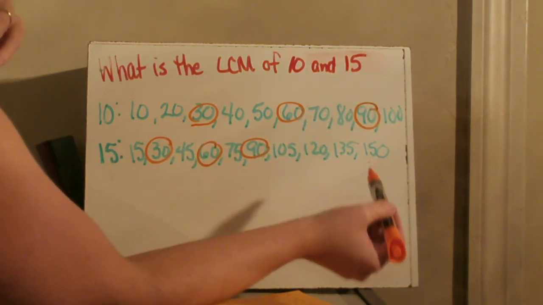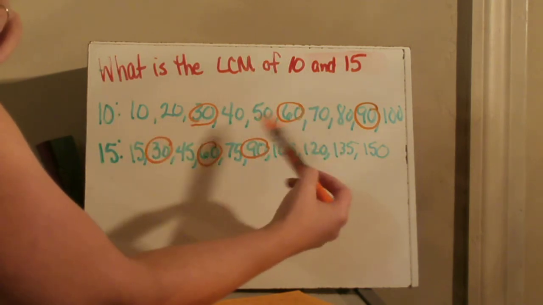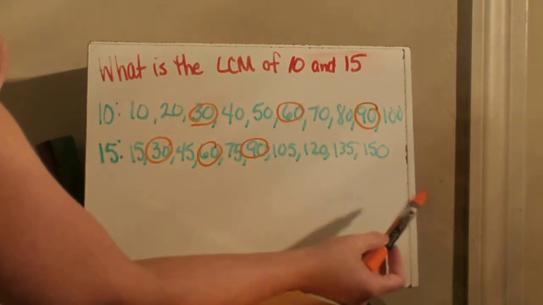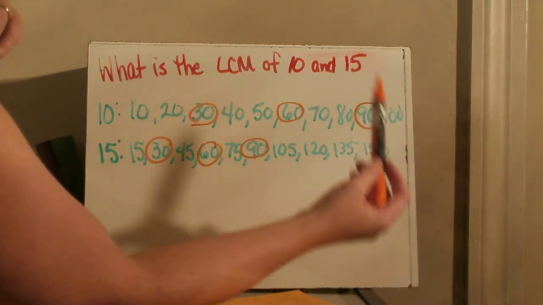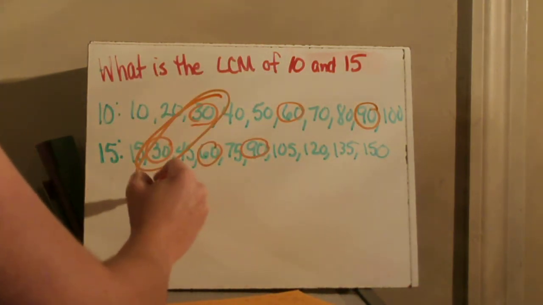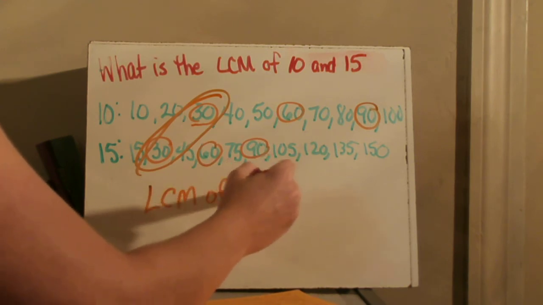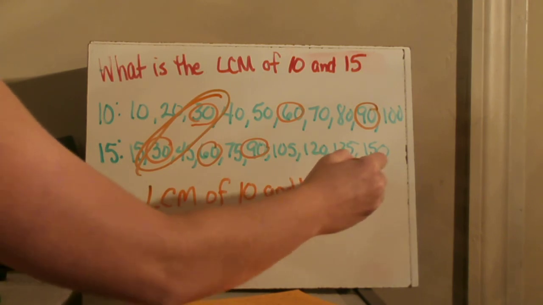Of the first 10 multiples, what they have in common is 30, 60, and 90. Remember, we're looking for the least common multiple. Of these common multiples, I want the smallest one, and that is 30. So the lowest common multiple of 10 and 15 is 30.